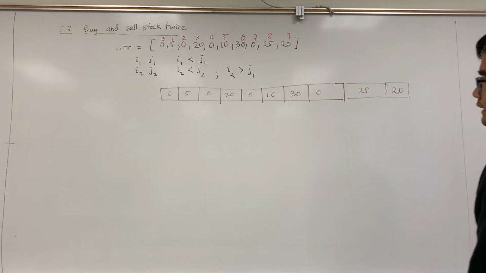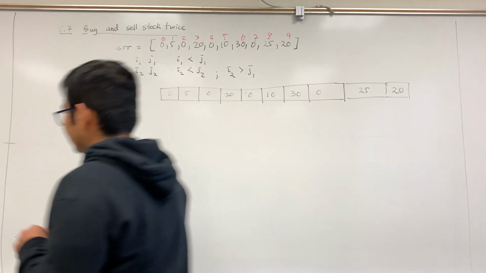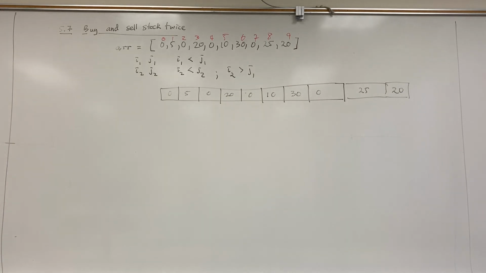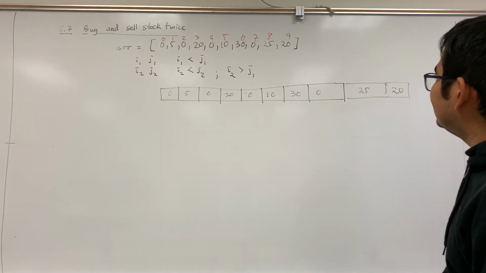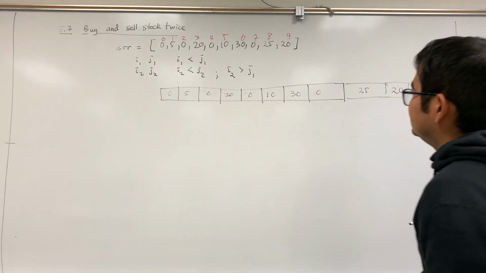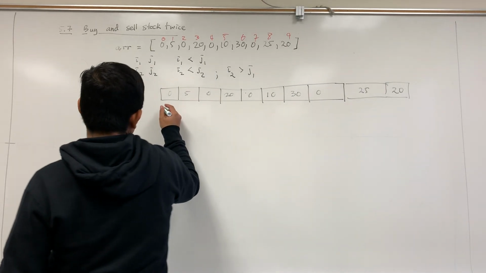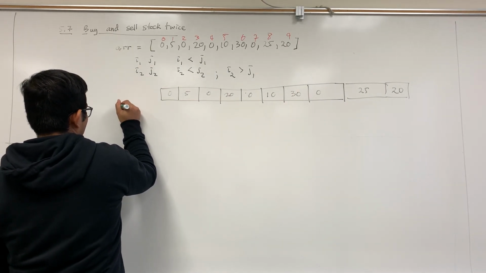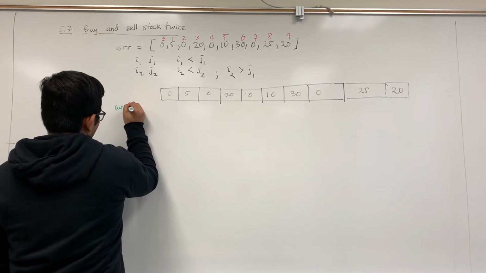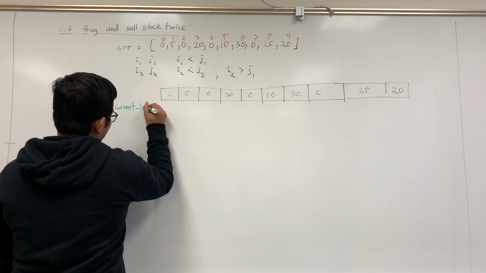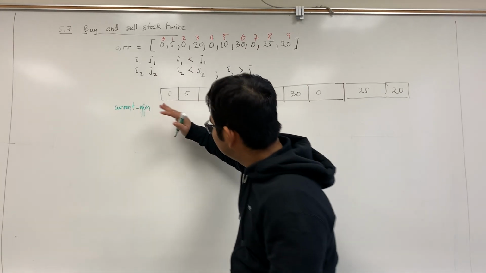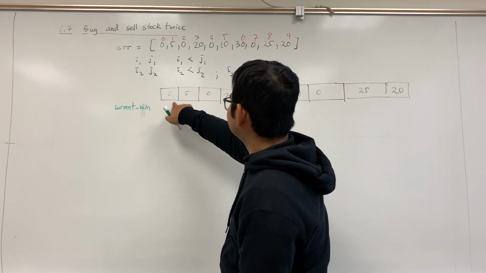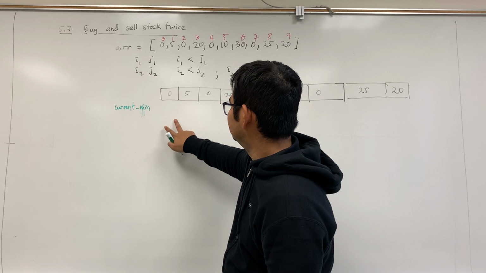So in the case that we only buy one stock and sell one stock, what we need to do is create a table, current min. So basically we look at this stage, what is the current minimum?